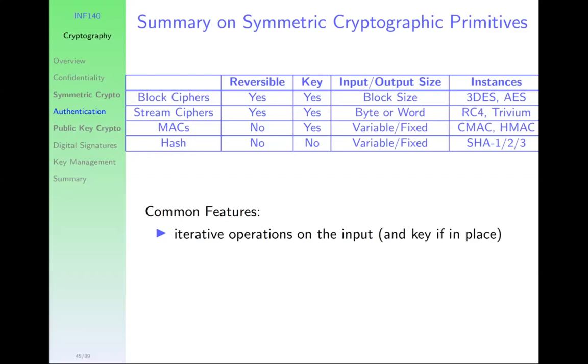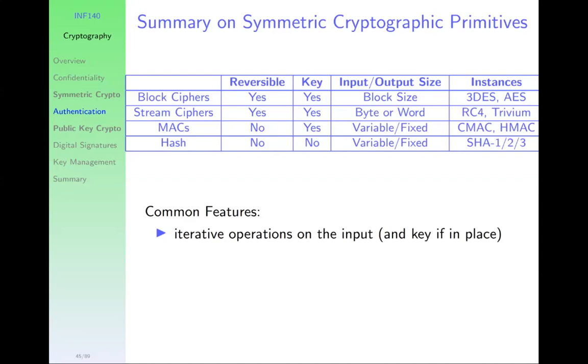So for block ciphers, to be able to decrypt the ciphertext, we need the cipher to be reversible. We need the decryption algorithm for block ciphers, and the same for stream ciphers, because decryption and encryption are both in place. And of course, they need keys as input.